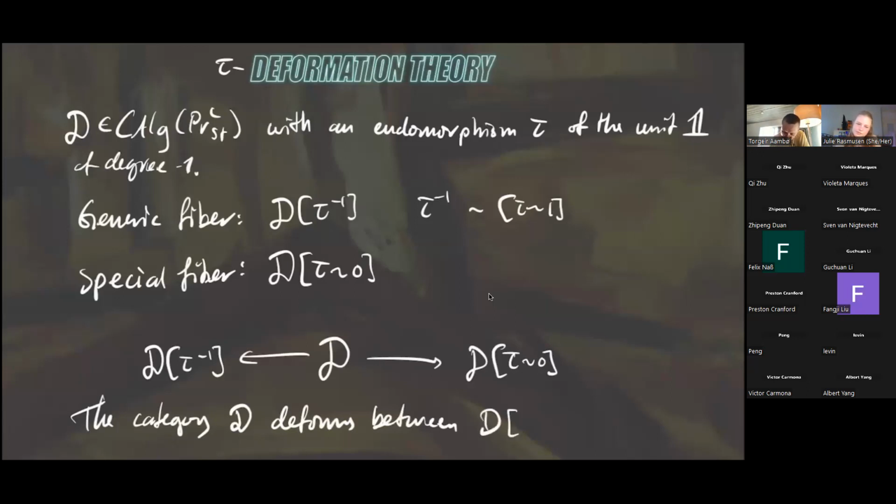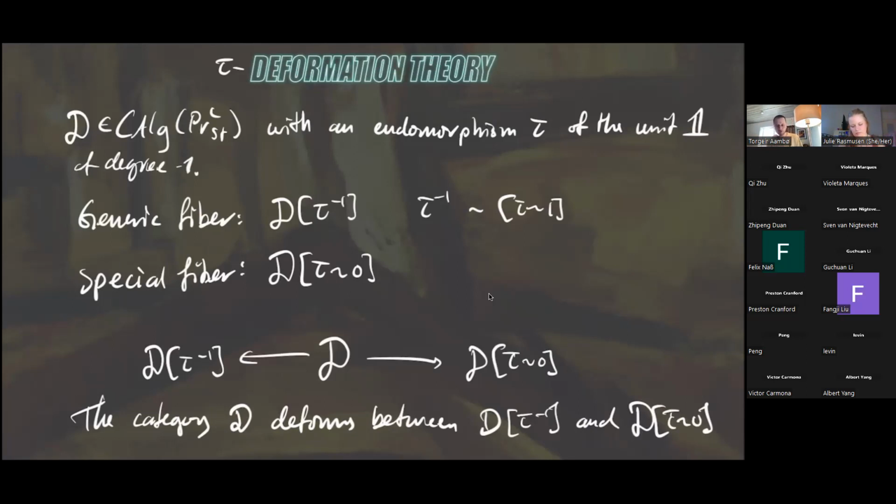This is not a very precise setup, but it doesn't matter that much. We'll be a little more precise in the examples. The reason I'm not very formal is because the different examples require different kinds of definitions for what a deformation should be. They all have roughly the same structure, so this is a meta definition in some way. To be very formal about what this should mean, one needs to use more specific situations.